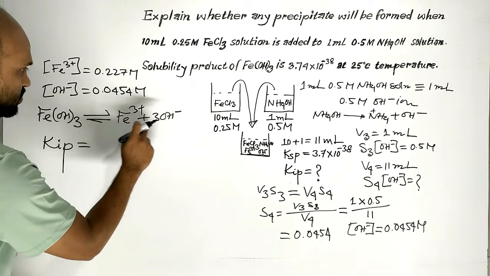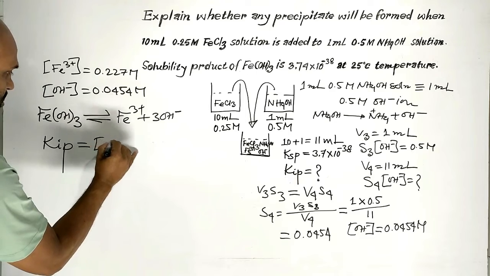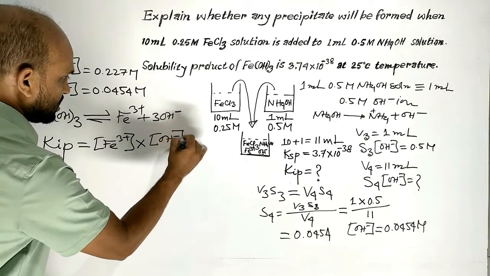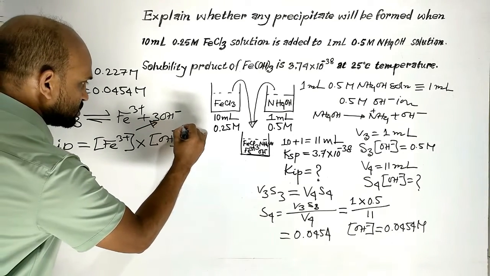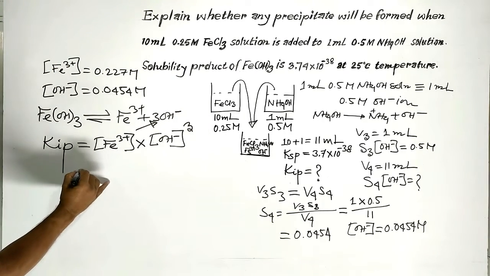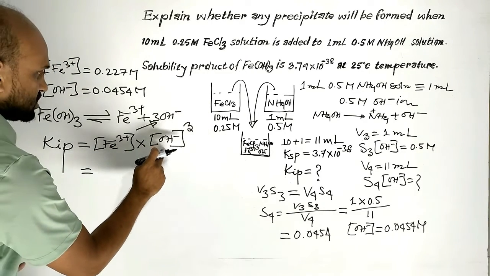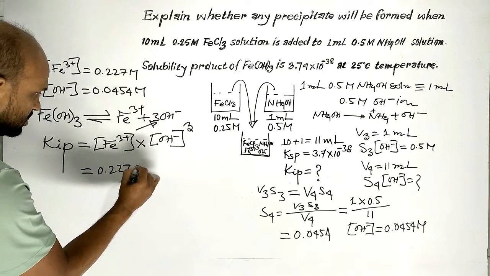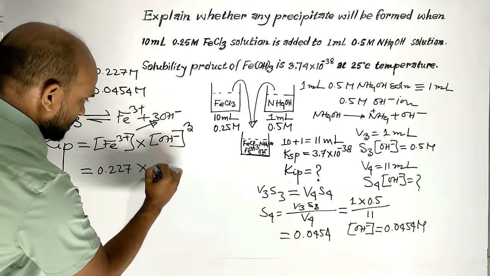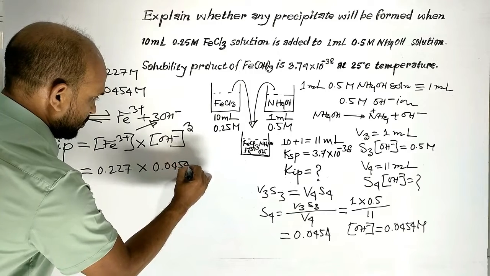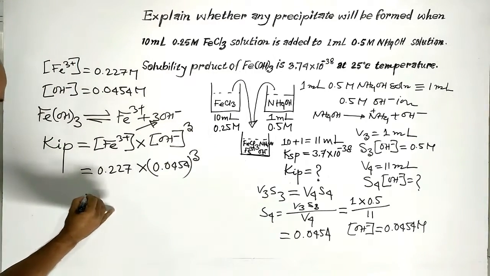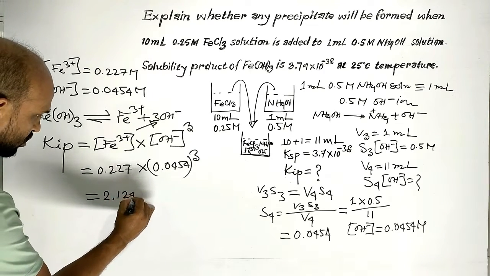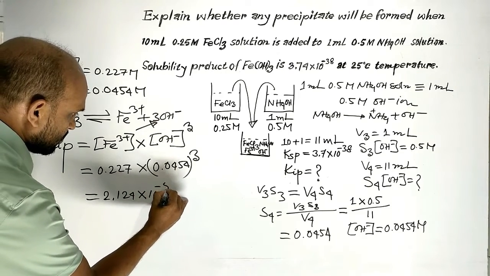This is equal to the product of the concentrations of the products, that is, the concentration of ferric ion times the concentration of hydroxide ion. This coefficient will be used as power. We know the concentration of ferric ion, 0.227, times the concentration of hydroxide ion, 0.0454. Q is equal to 2.124 times 10 to the power minus 5.